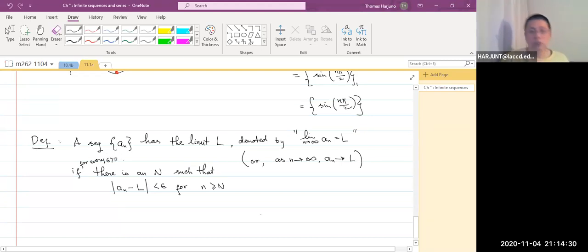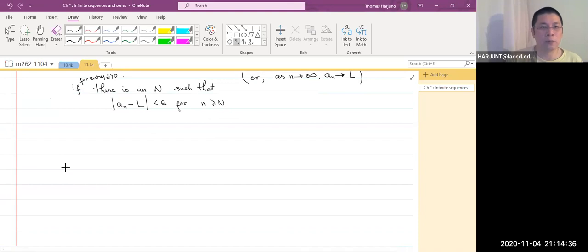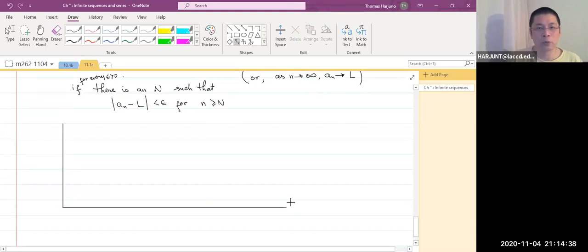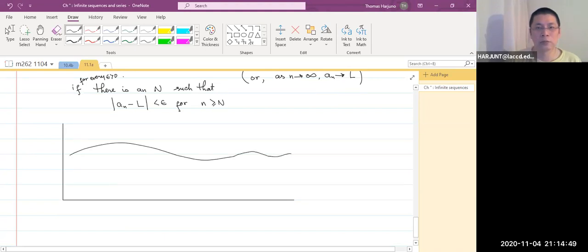Now let's try to explain this. I want to explain it from the point of view of the superposition function first. Suppose I have this function. Now, it is clear that this is the limit of that superposition function.